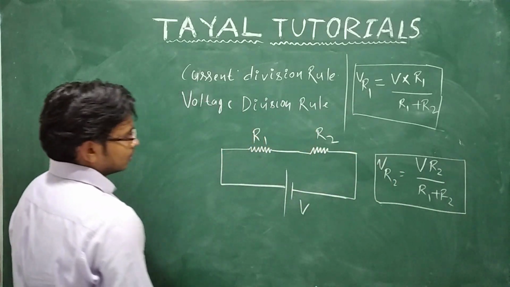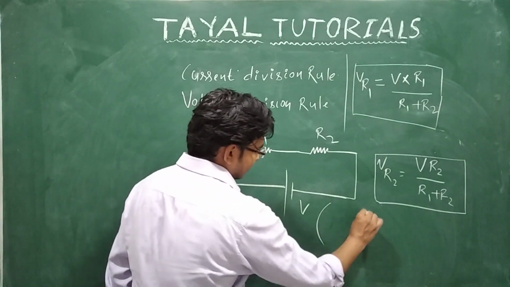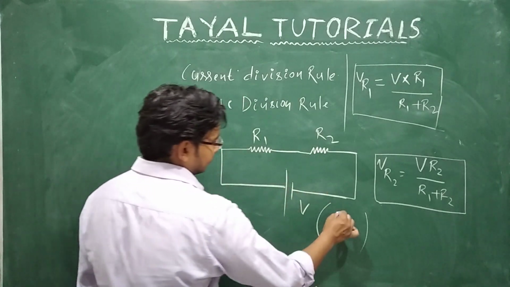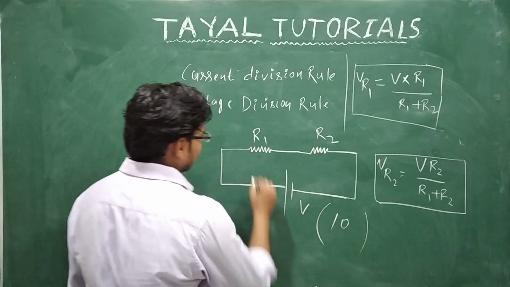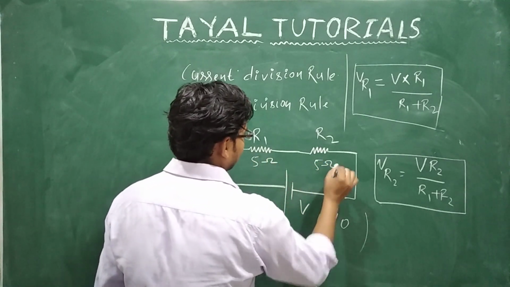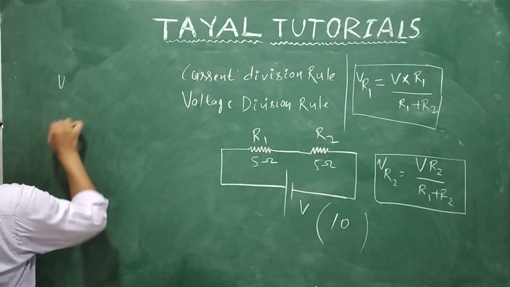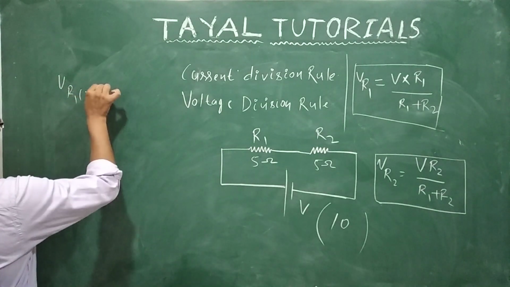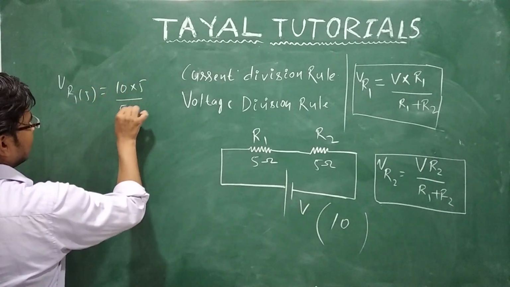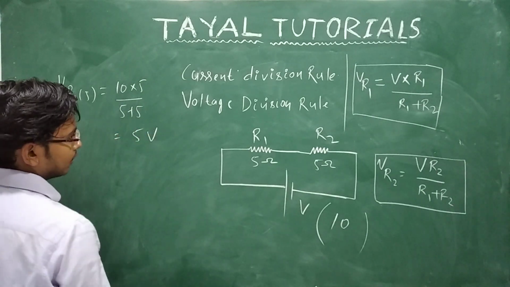Now let's understand with one example. Assume that the voltage across these two resistances is, let's say, 10 volt. This is 5 ohm. This is 5 ohm. If I want to get the voltage across R1, this is 5, it is equal to 10 into 5 divided by 5 plus 5, that will be 5 volt.